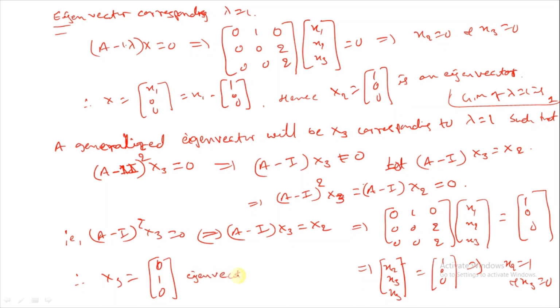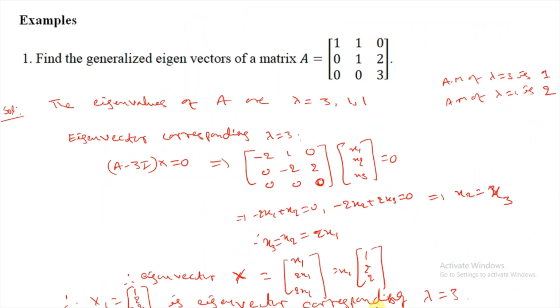This is the generalized eigenvector. Suppose the same problem. Now these are the eigenvectors, and this is the generalized eigenvector. It's asking to find the Jordan canonical form.